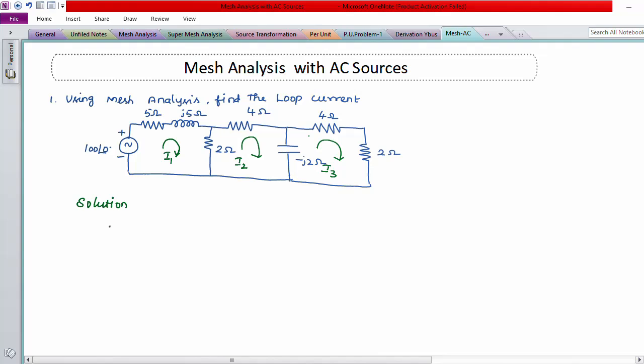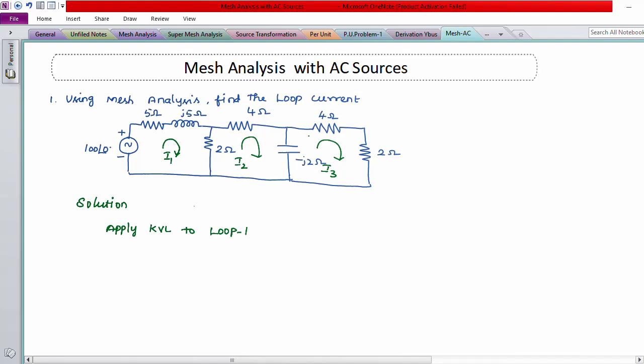Step 1, apply KVL to loop 1. Now, we have to check whether any voltage source is connected at loop 1. Yes, in this loop 1 there is a voltage source. Now we have to check whether it is a voltage rise or voltage drop.